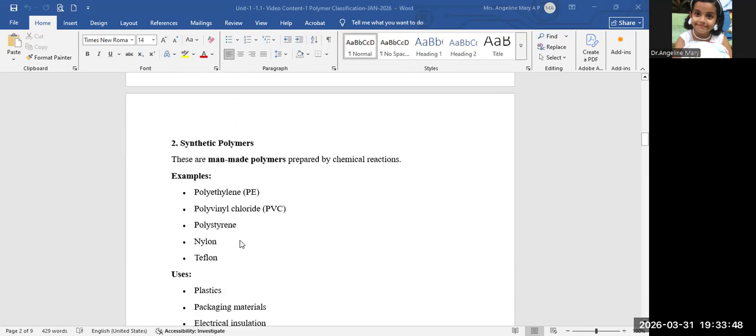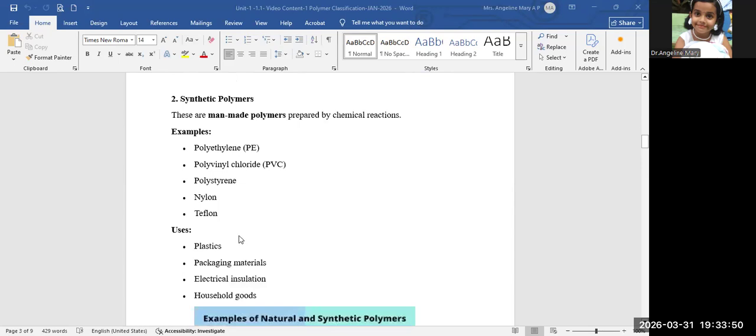Second, based on the source, we can classify synthetic polymers. These are man-made polymers. Synthetic polymers, otherwise called man-made polymers, are made by carrying out chemical reactions or adding some chemicals to natural polymers, which converts them into synthetic polymers.